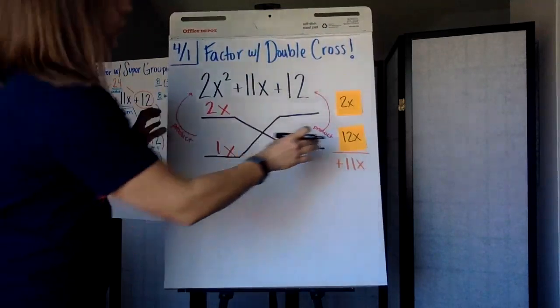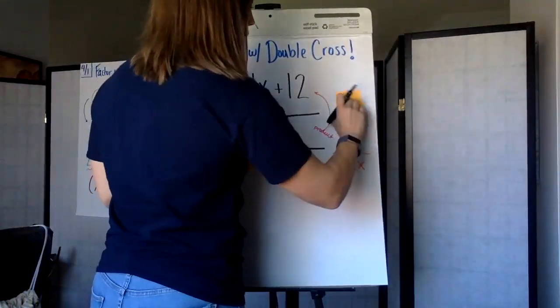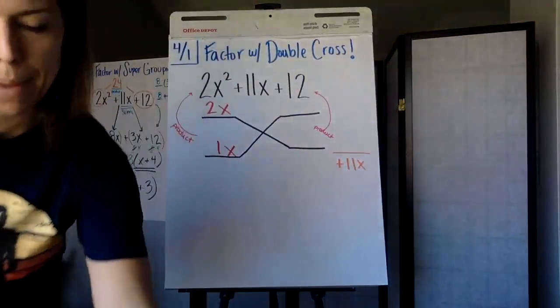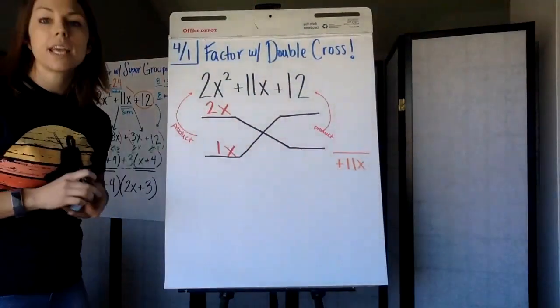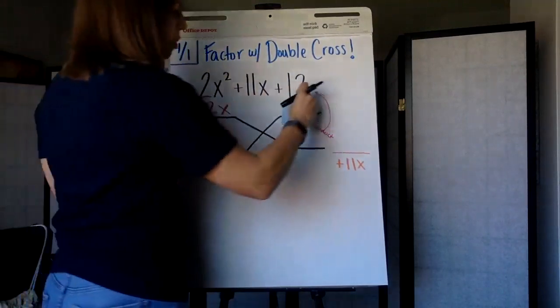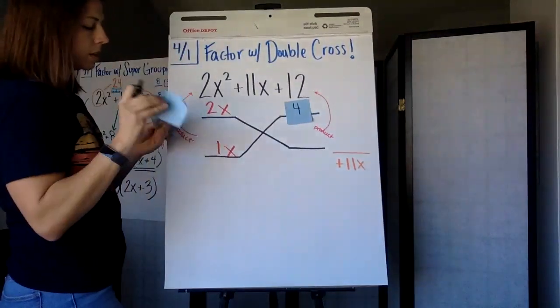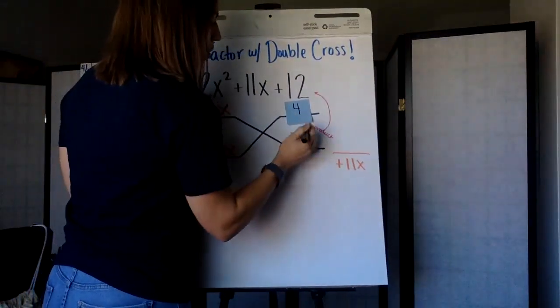If 2 and 6 don't work, what other numbers multiply to get 12? How about 3 and 4? Let me put the larger one here. Let's put 4 here. And we'll put 3 here.